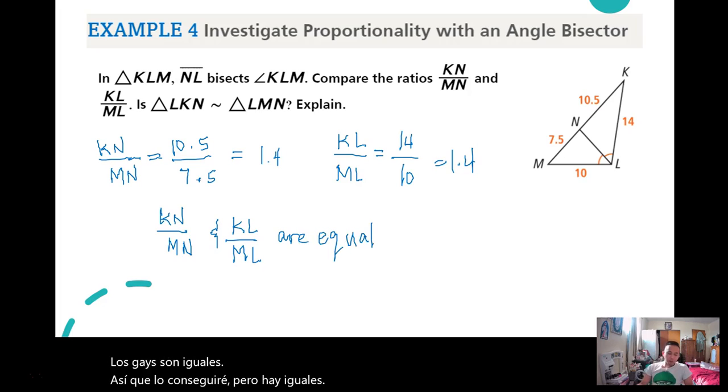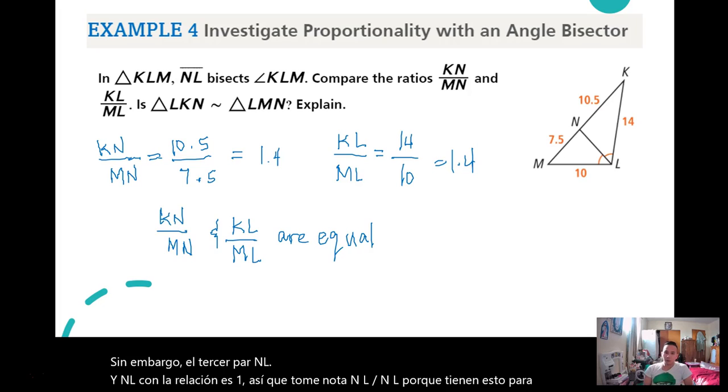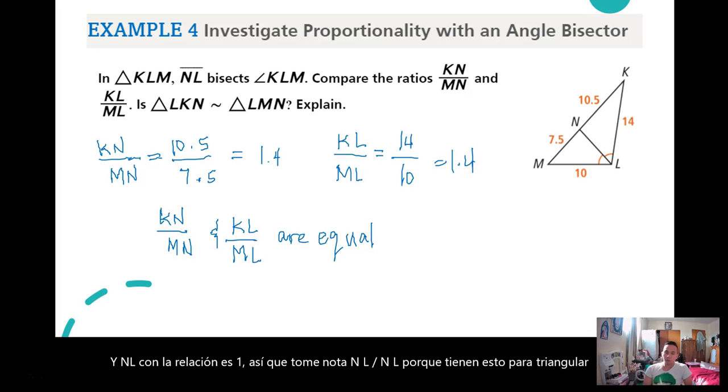However, the third pair, NL and NL, has a ratio of 1. Take note, NL over NL: when NL cuts the triangle into two triangles, they share a common side, NL, so the ratio is 1.